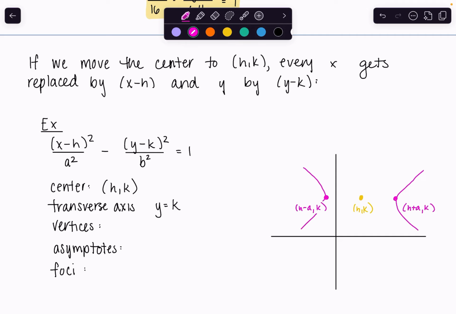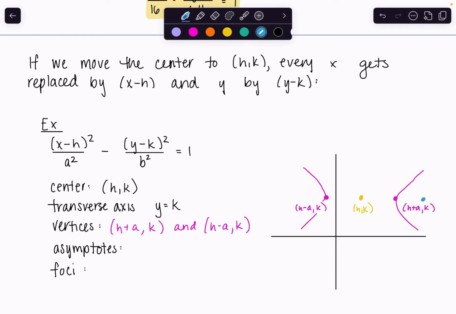Okay. So my vertices will occur at (h plus a, k) and (h minus a, k). So the y coordinate is untouched. So if it's the opposite again, then you just do whatever you move in y's direction, add and subtract that from your center point.